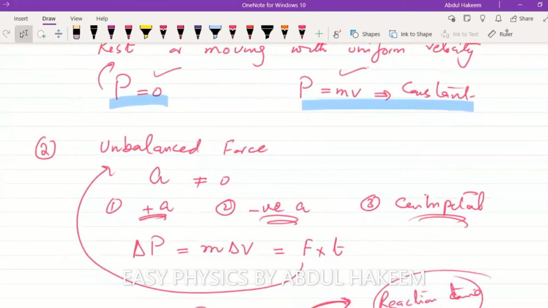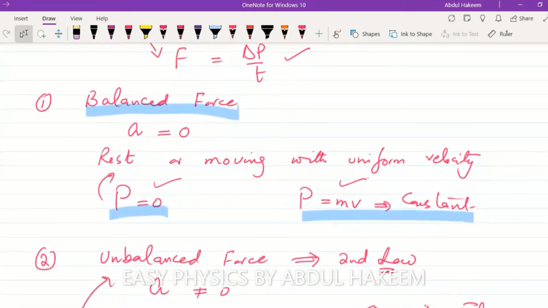Okay, this unbalanced force is related with Newton's second law. But this balanced force is related with Newton's first law. The object is at rest or moving with a uniform velocity.